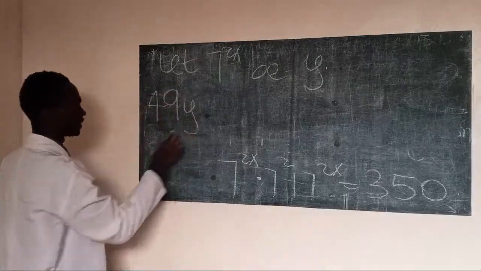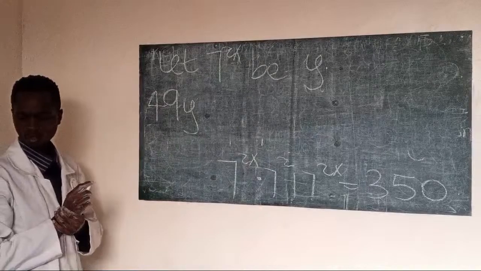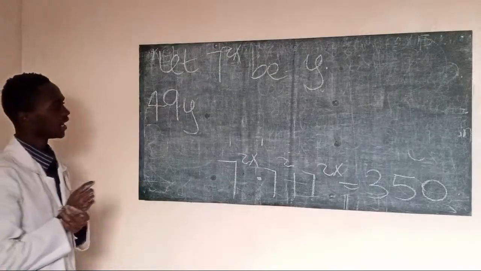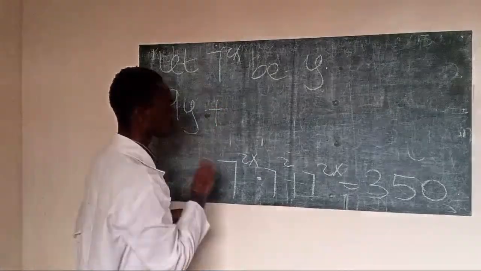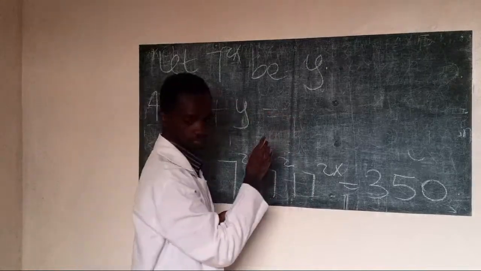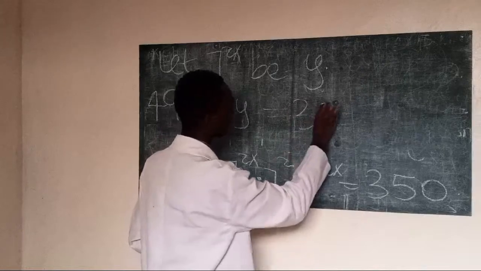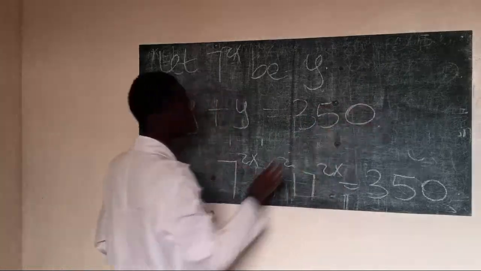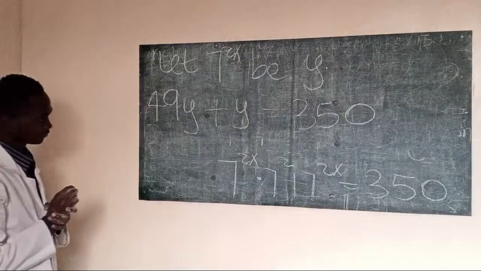49y. Kila mtu amepata ameelewa kwa nini ninaweka 49? Haya, plus y is equals to 350. Tuko sawa mpaka hapo? Are we okay?